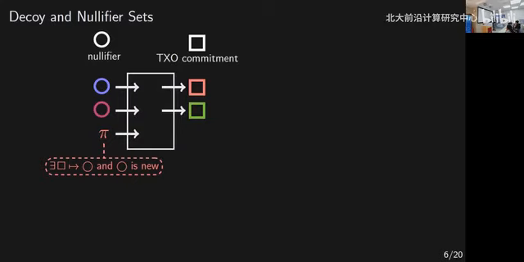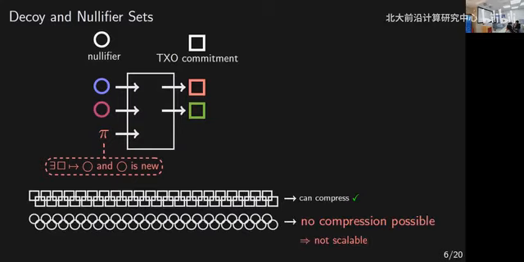But that's a bit of a problem, because you could totally compress the transaction output commitments or the addition records. You just put them into a Merkle mountain range, but there's no way to compress the nullifiers, because either the transaction initiator needs to possess the entire list, or the transaction verifier needs to possess the entire list.